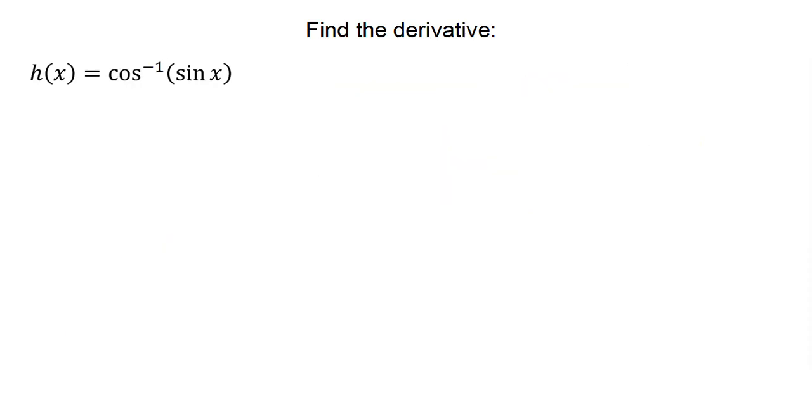And here we've got the inverse cosine of the sine of x. So for this one, this is y equals inverse cosine of u, where u is equal to sine of x. The derivative of inverse cosine is very similar to the derivative of inverse sine.